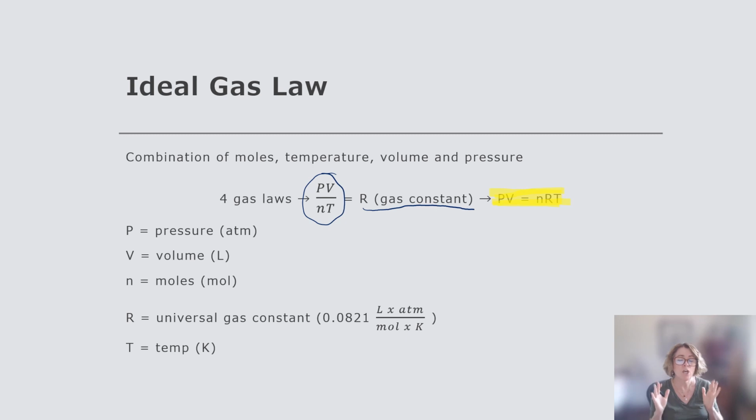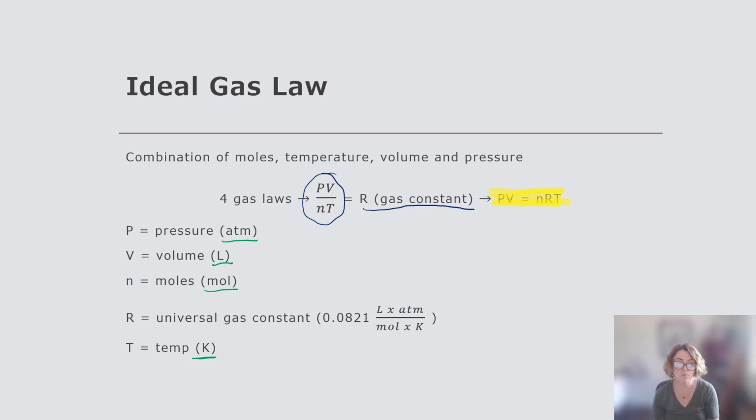All right, so it's critically important that you use the correct units in the ideal gas law. For pressure, it is always in terms of atmospheres. For volume, it is always in terms of liters. Moles, it's always moles. And temperature is always in terms of Kelvin.